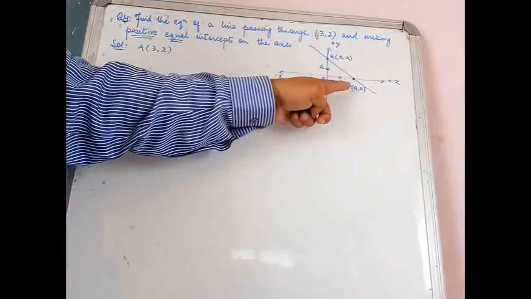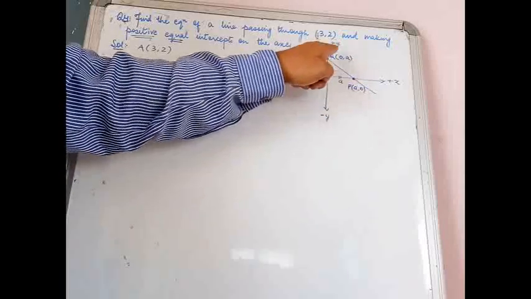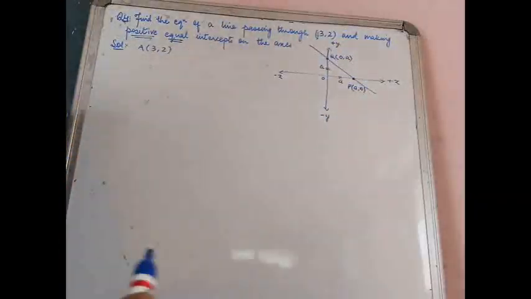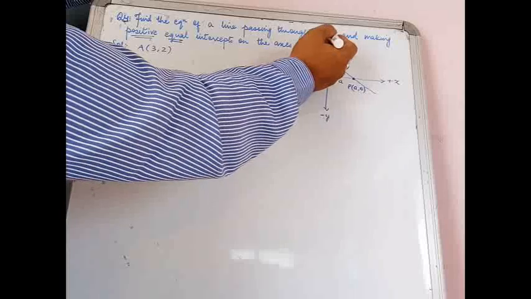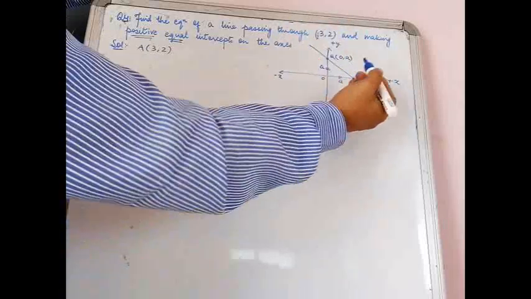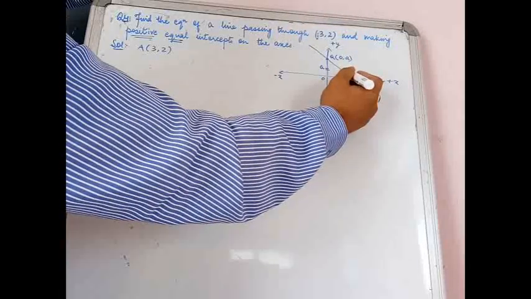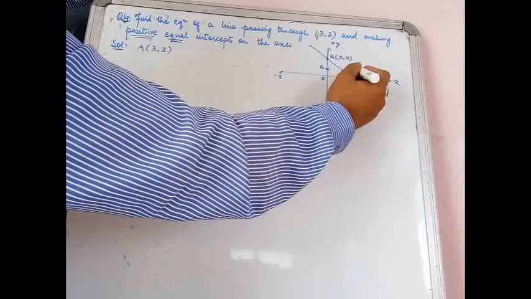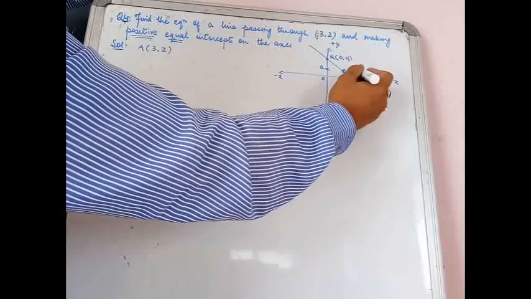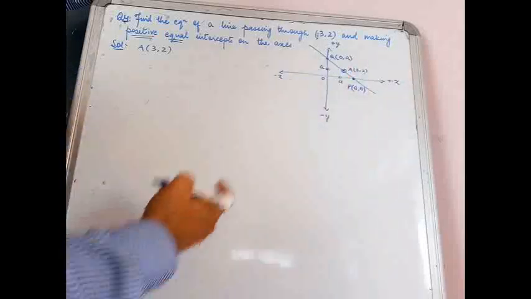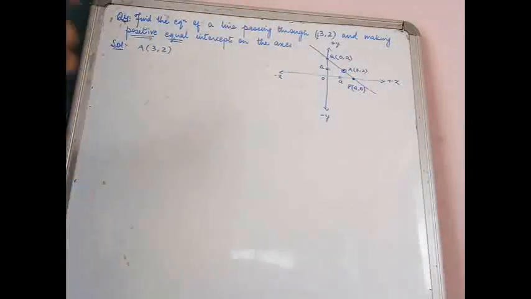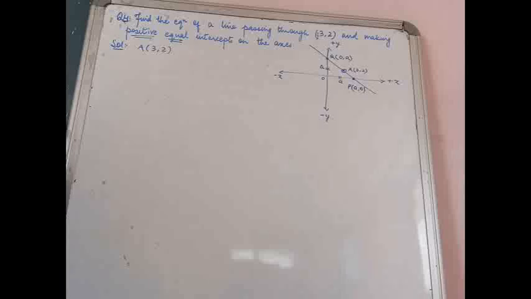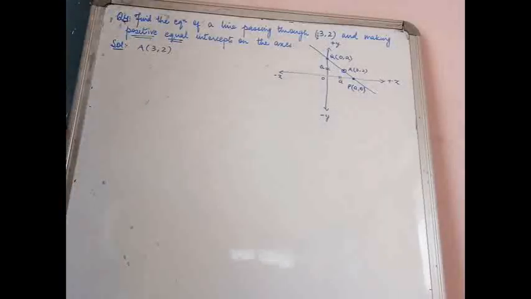So P and Q are A, 0 and 0, A respectively. Our line is also passing through the point 3, 2, so that point can be somewhere over here. This diagram helps you visualize exactly what the situation is.